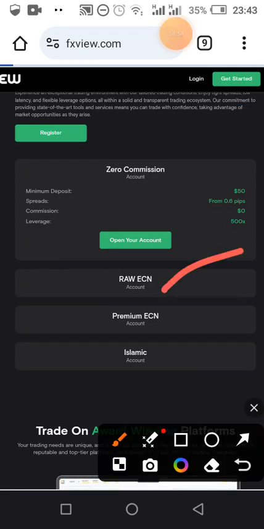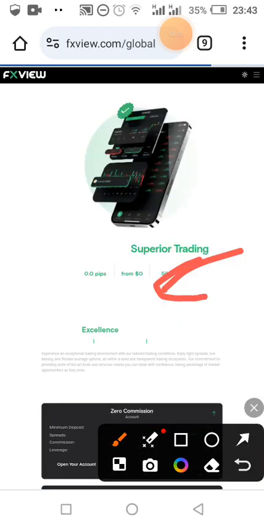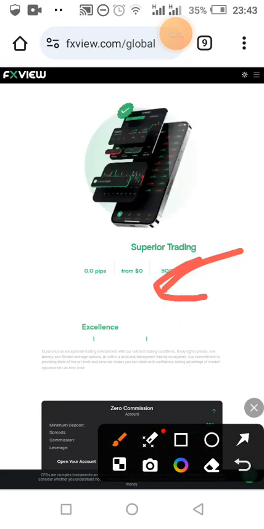But your raw ECN, usually that will be an account which is for people trading with less capital but who want a booking without having bigger spreads, but whilst having the commissions and also the spreads charged on your account.